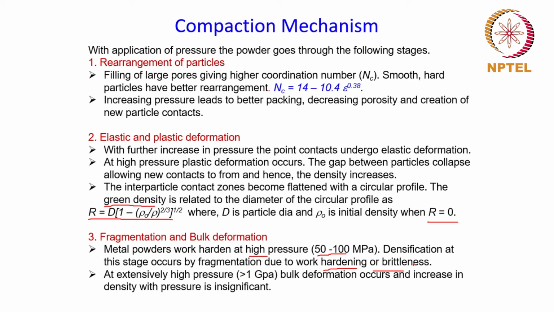So when the bulk deformation starts, that is basically deforming the entire compact, and therefore the pore filling and the collapse of the pores which was happening before doesn't really happen in this case, because it is simply the deformation of the entire compact which has now formed, and therefore there will not be a significant improvement in the density of the compact, right?